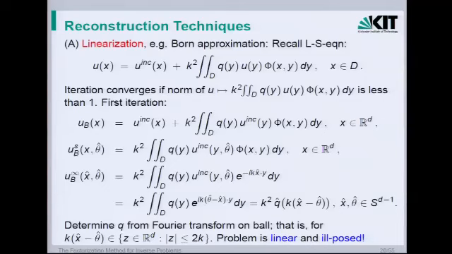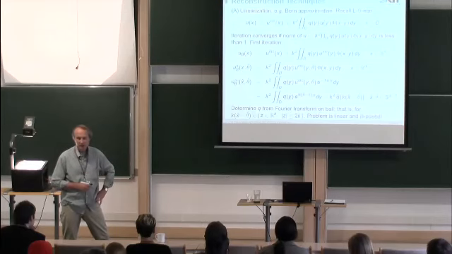Okay, and so the inverse problem here would be to determine Q from the Fourier transform, but you know the Fourier transform only for k times x hat minus theta hat, and by a simple observation this fills the ball of radius 2k. So here you see again the ill-posedness of the inverse problem. You have given the Fourier transform on a finite ball, and you want to recover the function.